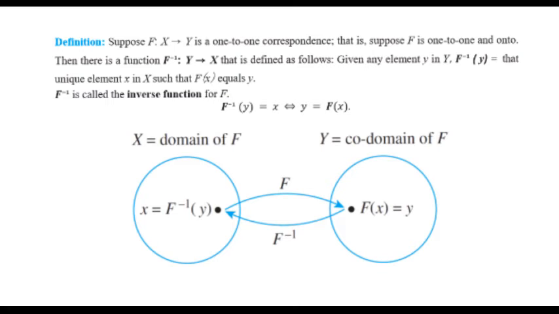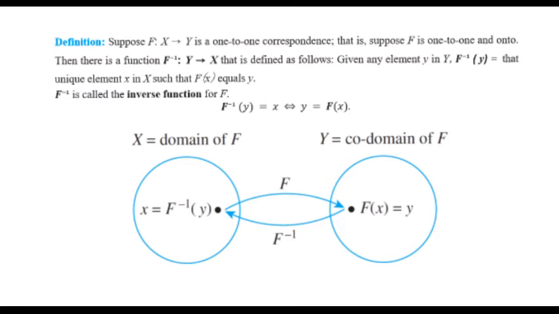So we say there is a new function called f inverse, defined in this way. For every element y in the domain of f inverse, which is y, f inverse of y is defined as the unique element in set x such that f of x equals y.